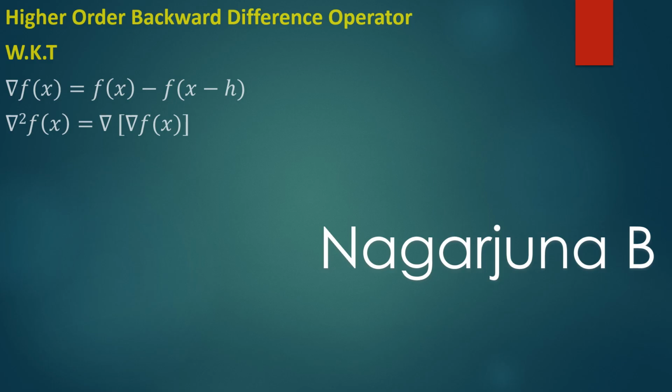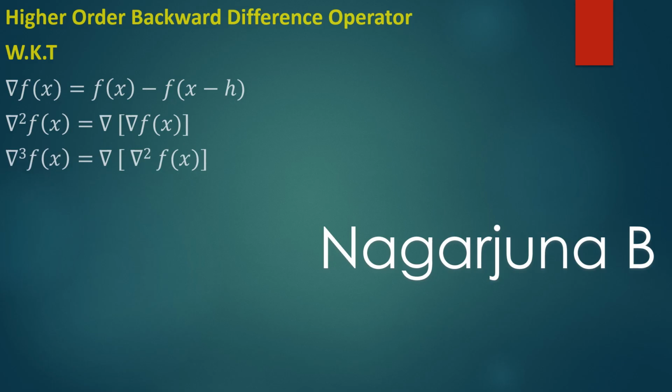You can do it in the same way as we have done in the case of higher order forward difference. Higher order forward difference, I have explained in the previous video, how to substitute and how to get the value of delta square f of x. Similarly, you can substitute here del f of x and we get the value for del square f of x. Similarly, del cube f of x is equal to del into del square f of x.